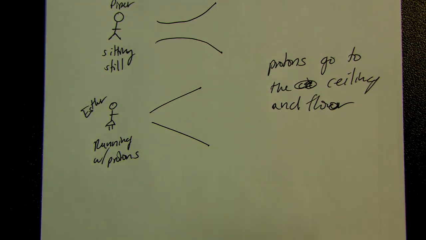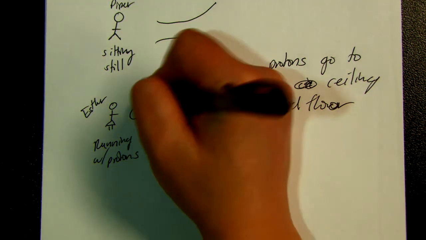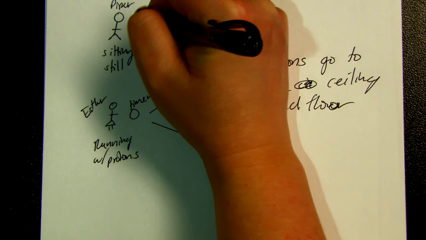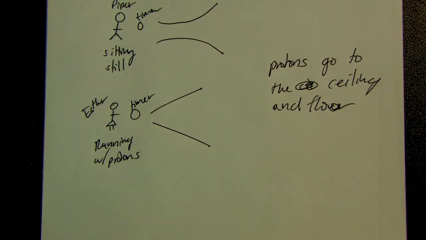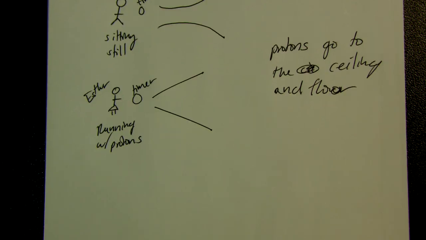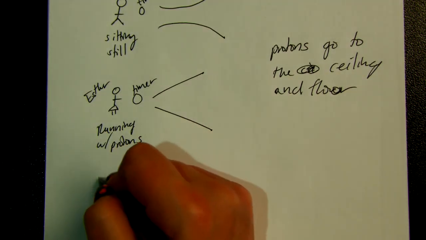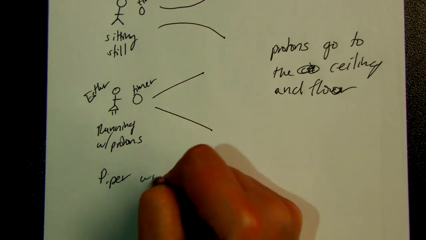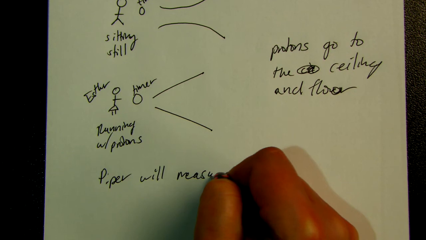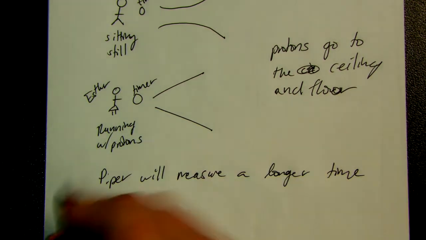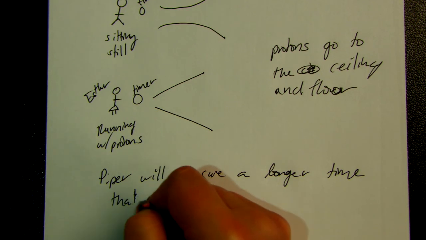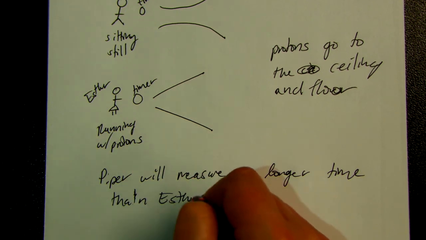Wow. All right, and now let's just make this more interesting. Let's say both of them had a timer, and they would both see them go to the ceiling and the floor, but because Piper is sitting still, he will measure a longer time than Esther.